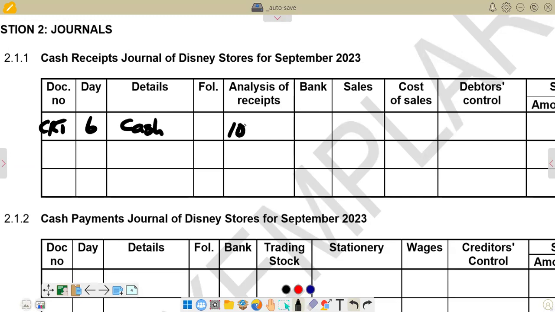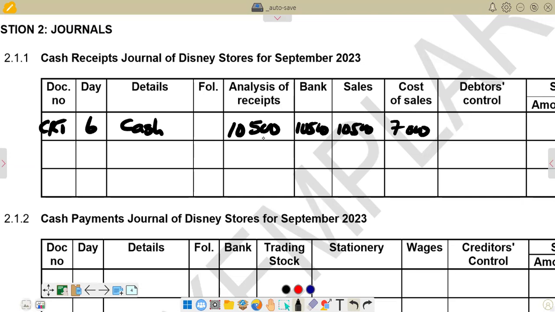We put the total amount for the selling price, which is 10,500. 10,500 is also going to appear under the column of bank. And also under sales, we are going to put the same amount, 10,500. The cost of sales, we calculated it and put our 7,000. So this is exactly how we are going to end up.